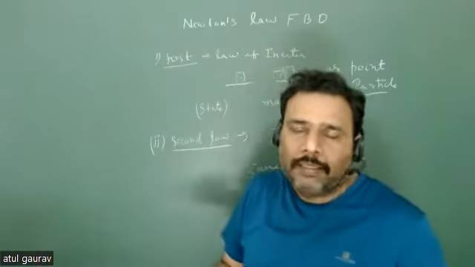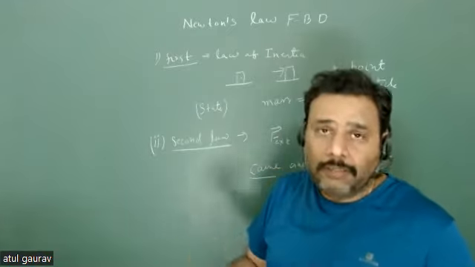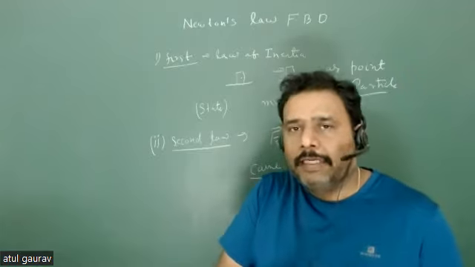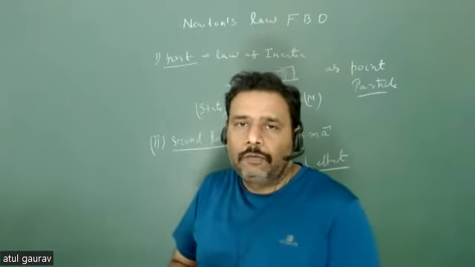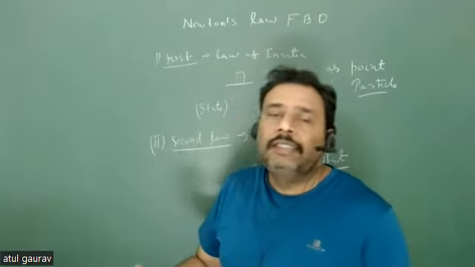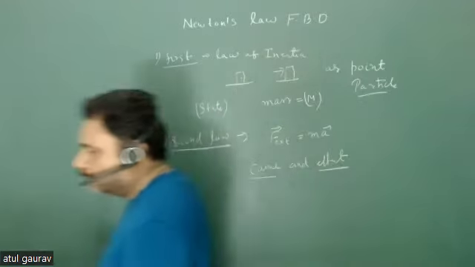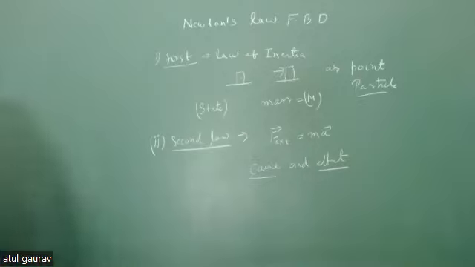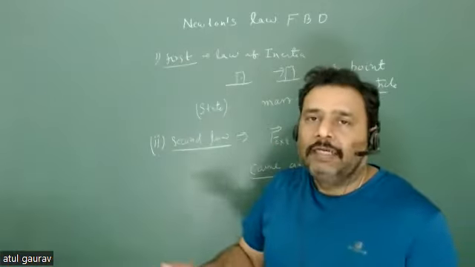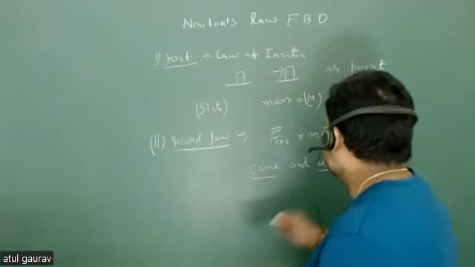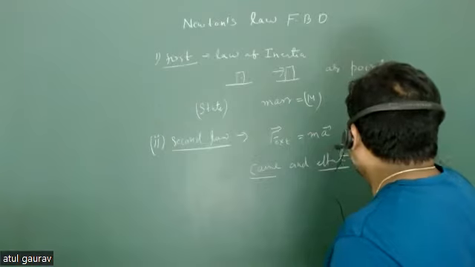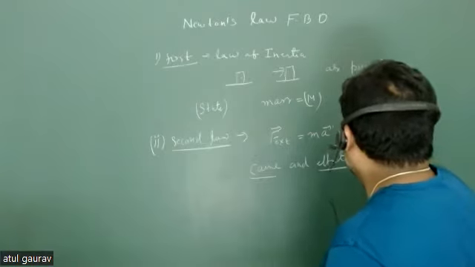And Newton gave a wonderful rule that whatever be the cause, that will be exactly equal to mass into acceleration, and we can measure the effect in form of acceleration, and this acceleration is nothing but external force by mass of a particle.